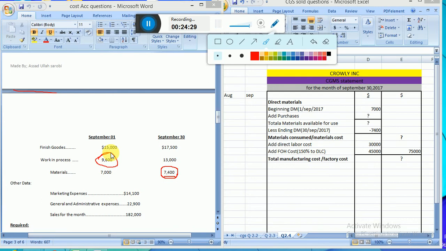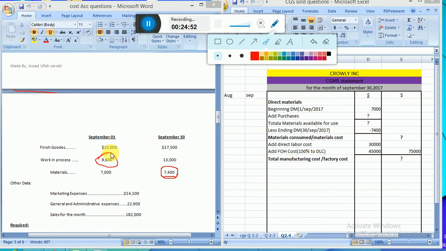We will subtract it from the month of August. Why? We need to find the exact cost of the work in process in the month of August as well as in the month of September. If we do not do this, it will affect our income statement.